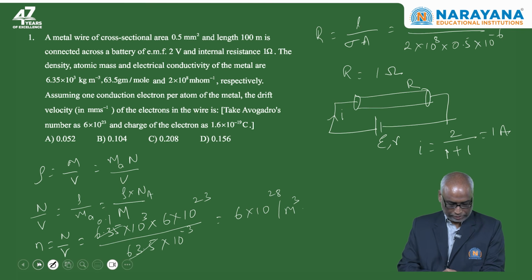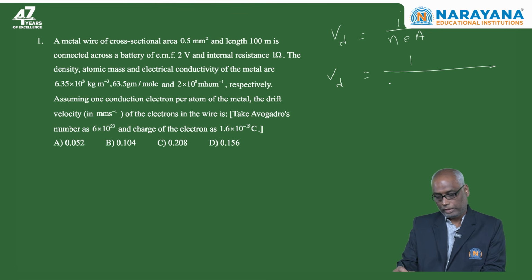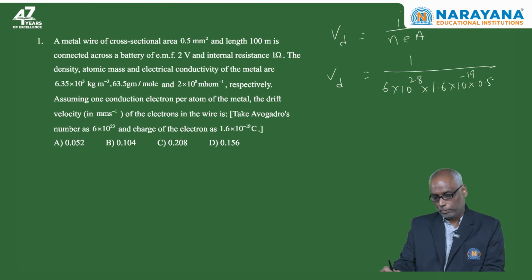So, drift velocity is calculated like this. Drift velocity is equal to current I divided by NeA. Current we got as 1 ampere, N we got as 6 into 10 to the power of 28, charge of the electron is 1.6 into 10 to the power of minus 19 and area of cross section is 0.5 into 10 to the power of minus 6.